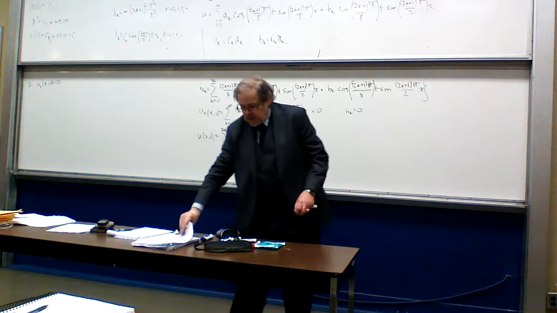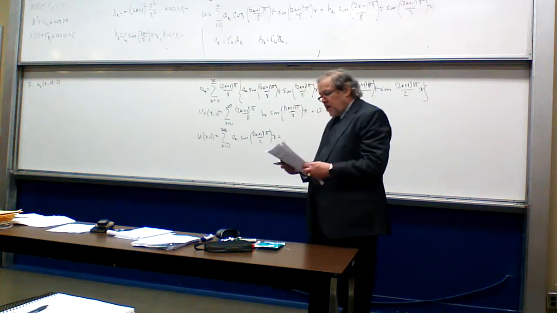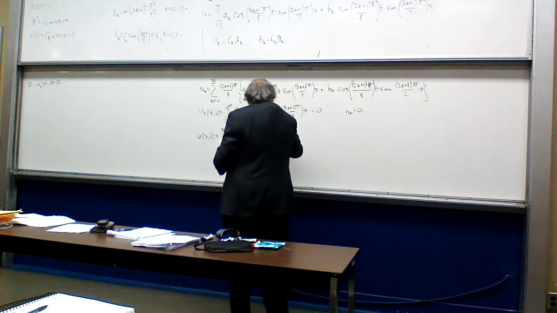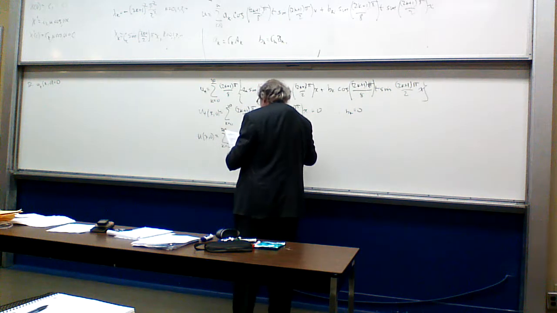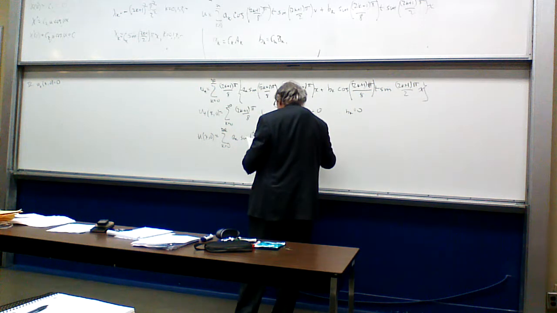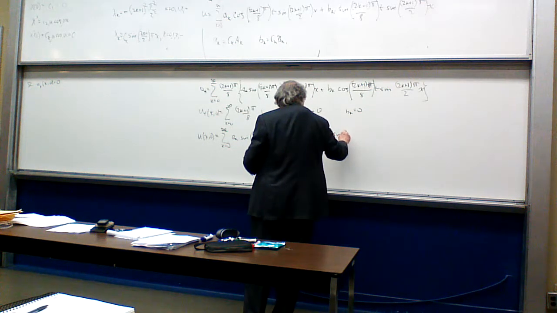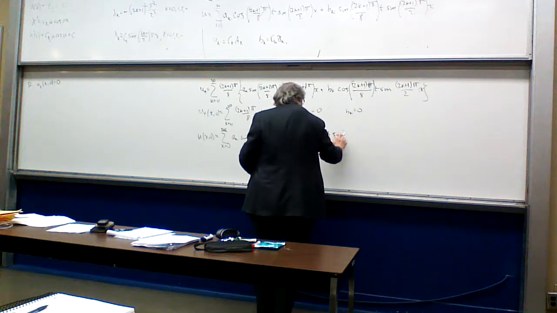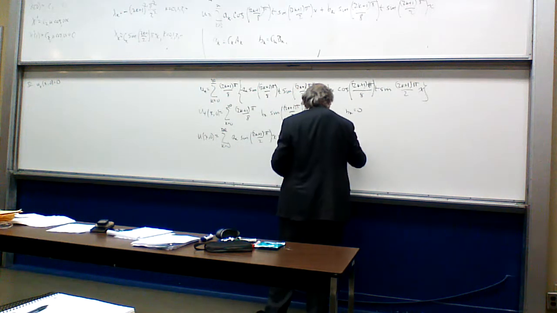And that should be, reading from the problem, negative 6 sine 3 pi over 2 x plus 13 sine 11 pi over 2 x.